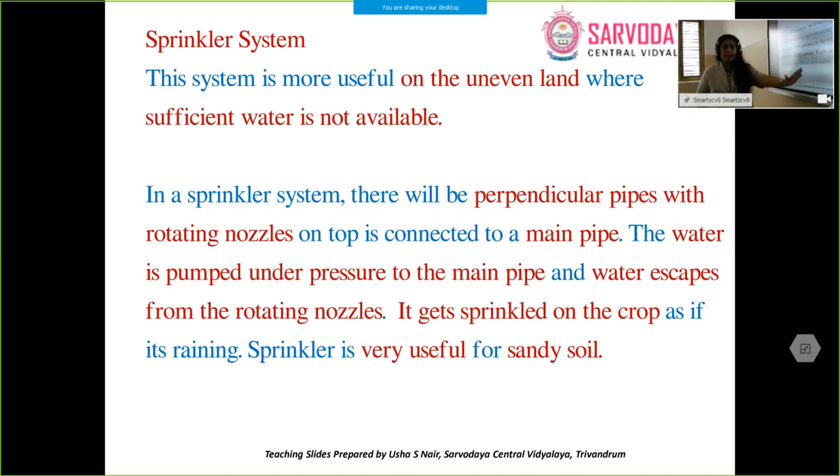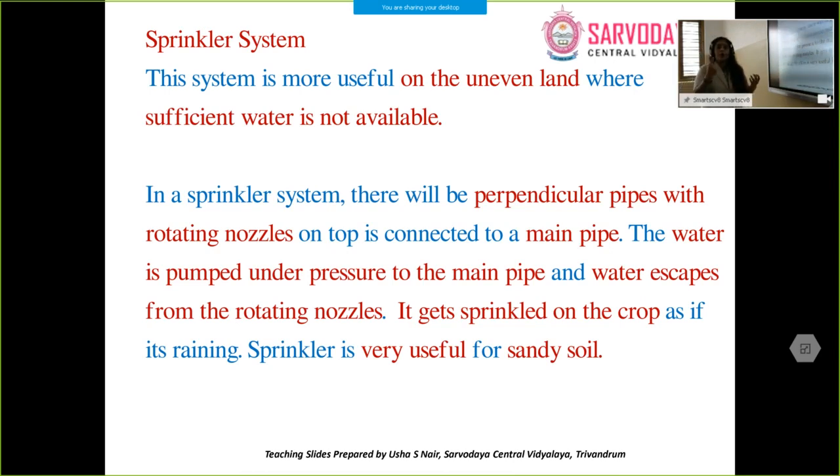Okay? Now the sprinkler system is useful mainly for sandy soil. The structure is easy. We have perpendicular pipes and a rotating nozzle. Because of the rotation of the nozzle, it sprinkles everywhere. The water is pumped under high pressure, so it will sprinkle everywhere.